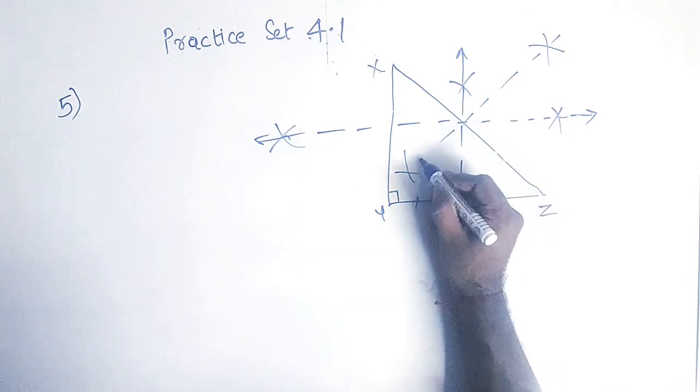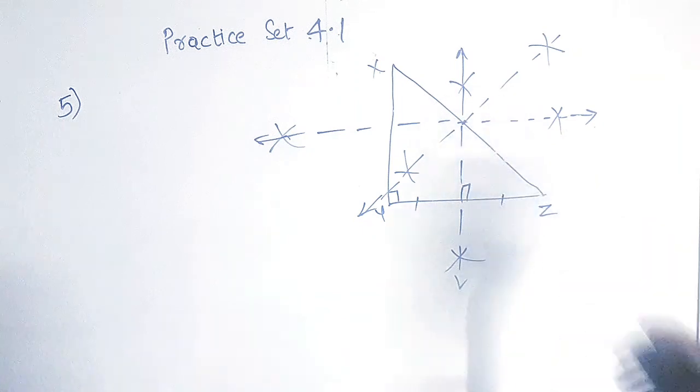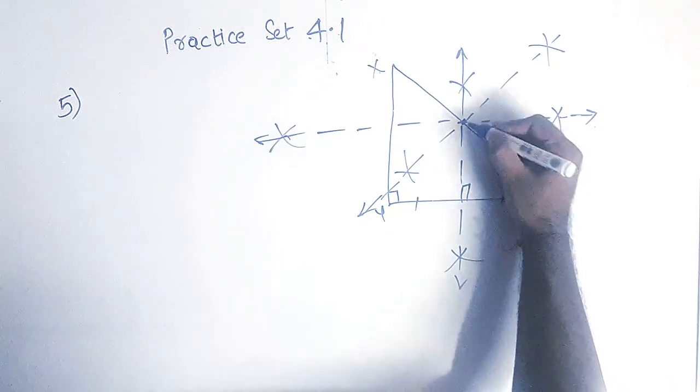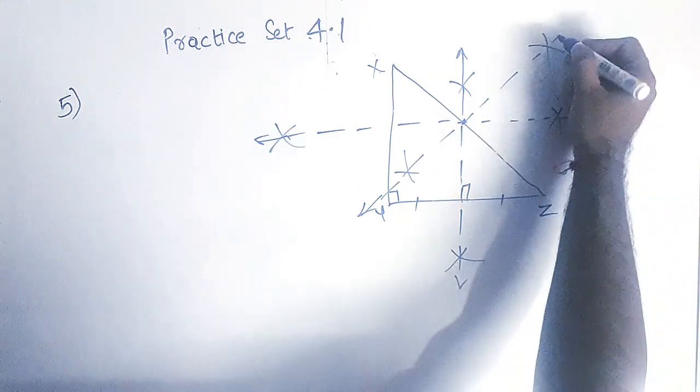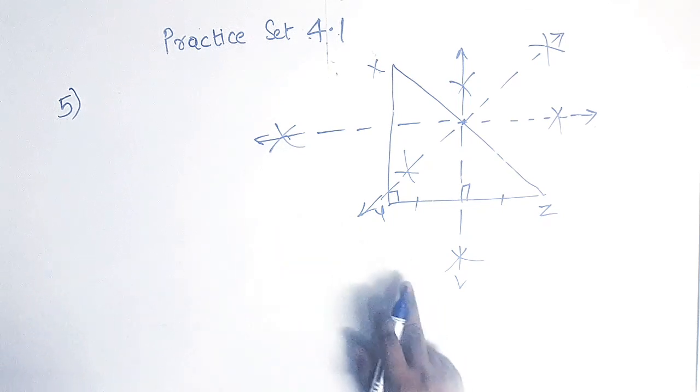It has to pass through the same point. So you know this is the perpendicular bisector, and they are concurrent. All three lines are concurrent. However, this has helped us in getting the midpoint.